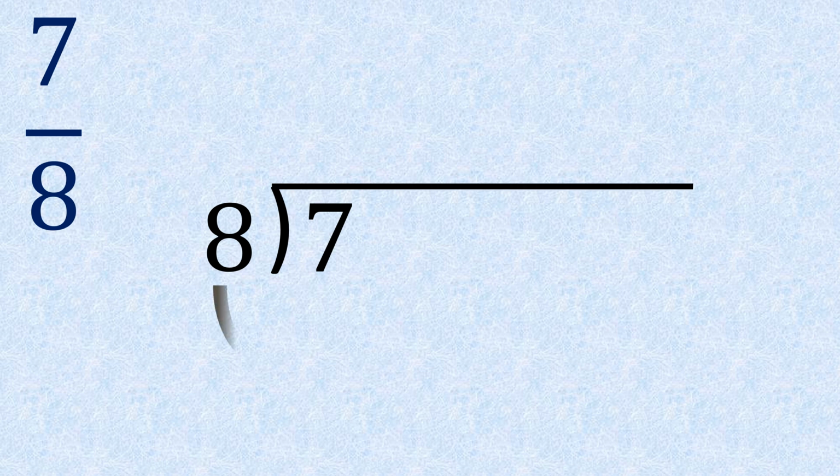7/8 then, let's write 8, put it in our bus stop, 7 underneath. So 8s into 7, well that doesn't go, 0 on the top, decimal point, zeros in the bus stop.